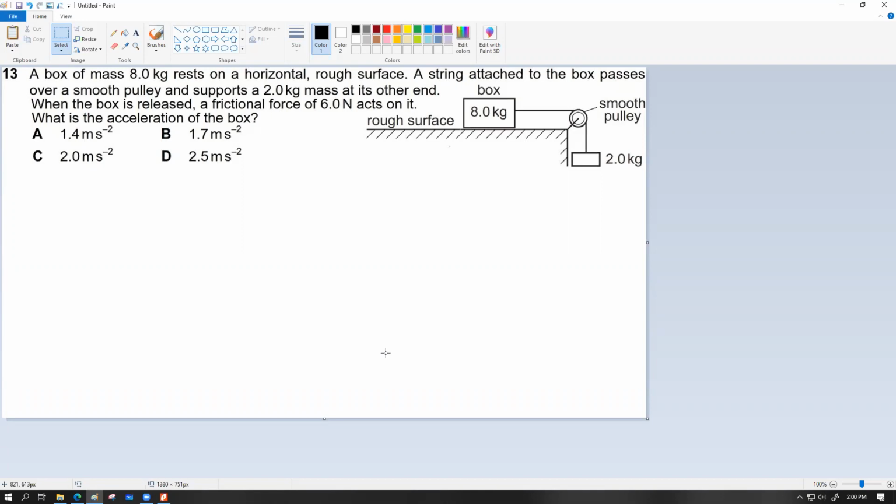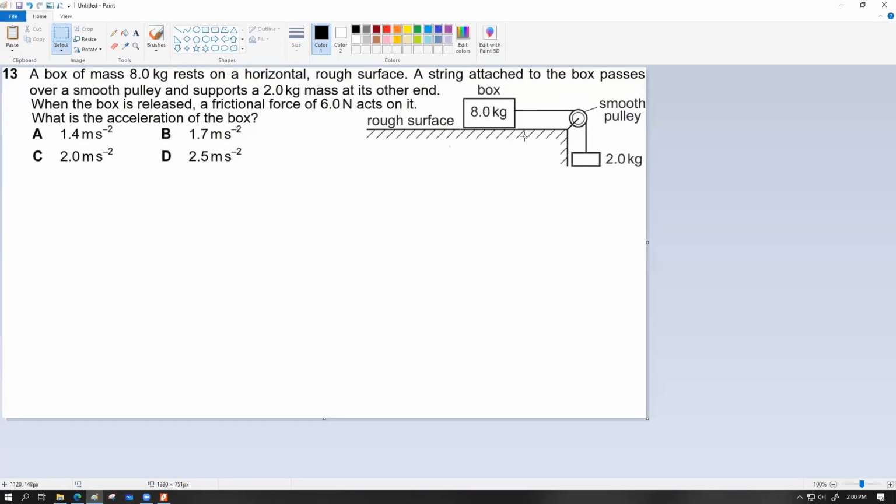The first thing I need everyone to understand is that the question doesn't say anything about the elasticity of the string, so we might as well consider the string to be inelastic, just a flexible cord attaching the box and the mass. Now, from this figure, whenever we let go of this system, this 2 kg mass is going to fall downwards, and this 8 kg box is going to move to the right.